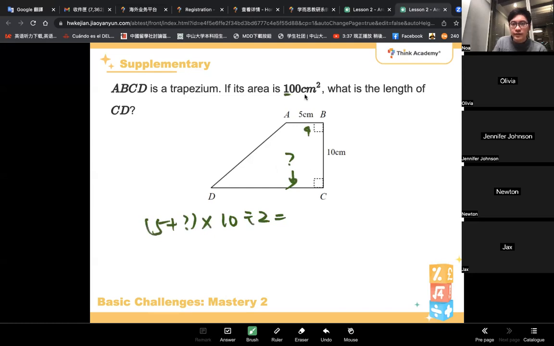And we have area equals 100, right? So 5 plus 15 times 10 divided by 2. 5 plus something times 5 equals 100. So 10 times 2 equals 200.